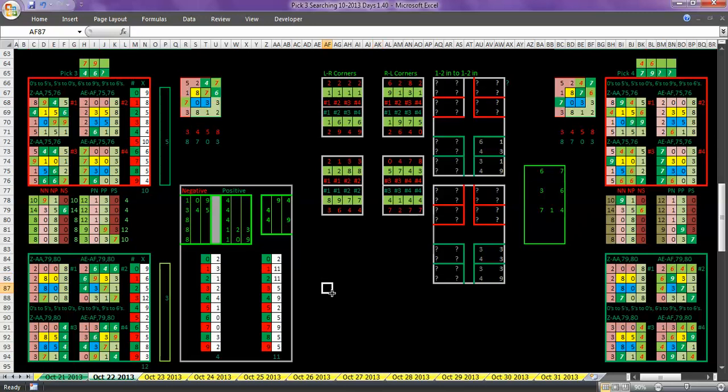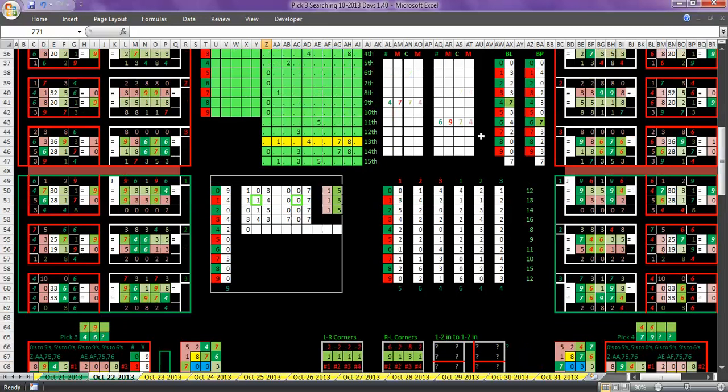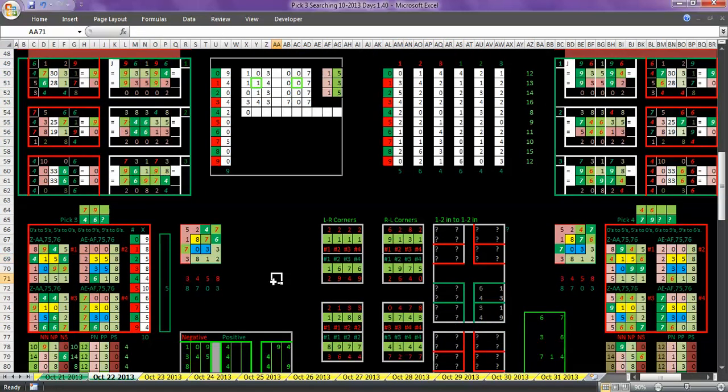Let's see, where was I at? Okay, we want to pay attention to these numbers and these numbers. Okay, let's say right here we have 8 plus 0 is 8, and then we have 0 and 3. 3 is the mirror of 8.